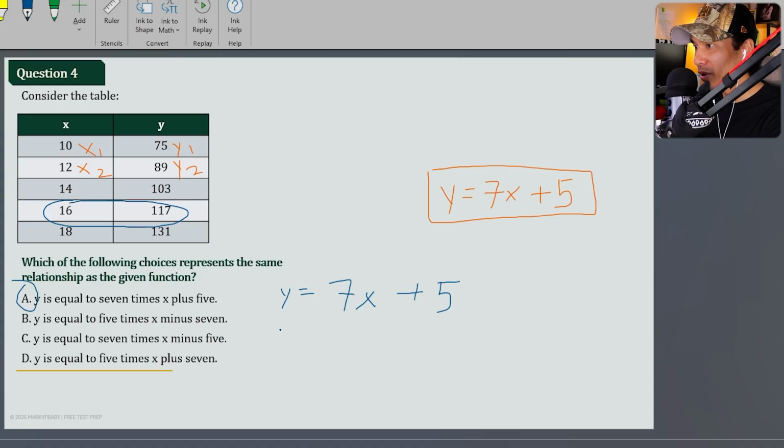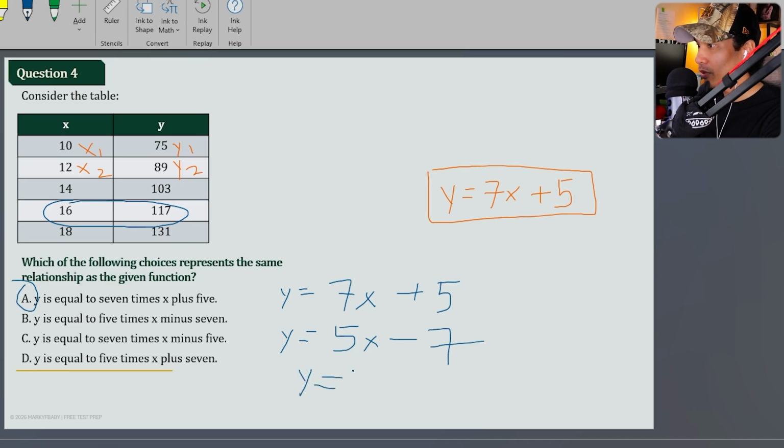Y is equal, okay, I'm going to read B. Y is equal to 5 times the value of x, minus 7. That's what that means. And then I have y is equal to 7 times x.